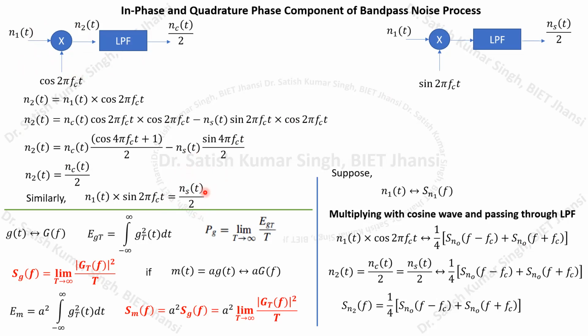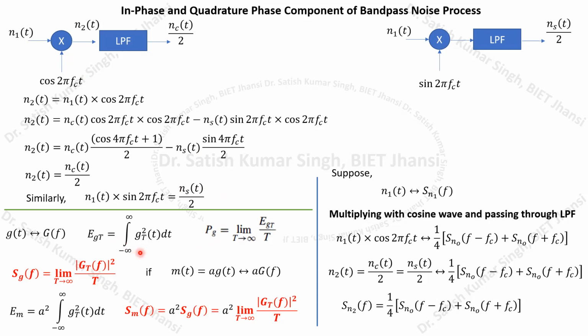To understand the power content of this in-phase and quadrature phase component, we have to recall my previous lecture, where I discussed the basic definition of power spectral density. Those who have not watched that video, please go to that video first, and then you will be able to understand this lecture also.